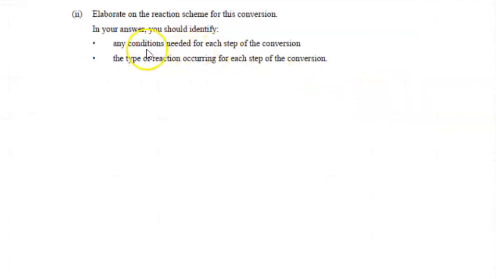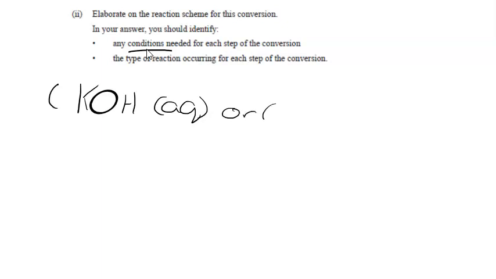In your answer you should identify any conditions needed for each step of the conversion. So the conditions is, like when we're talking about potassium hydroxide, that can either be in aqueous conditions or alcoholic conditions. So we're going to need to say in our answer that we require aqueous conditions, and the type of reaction occurring for each step of the conversion.